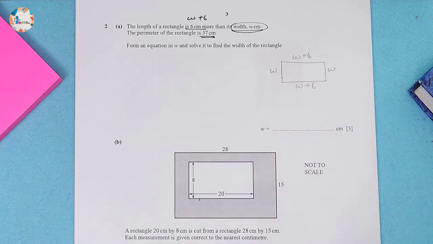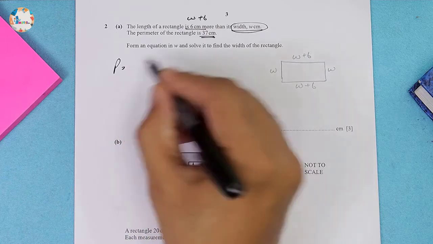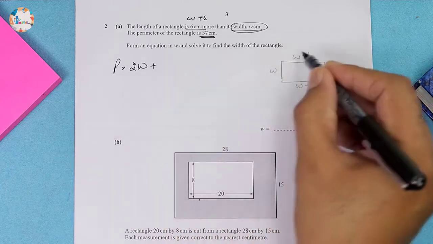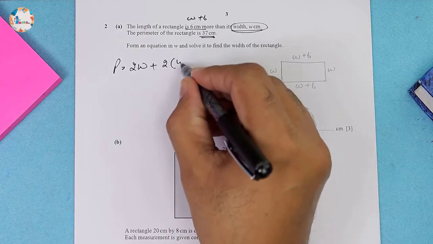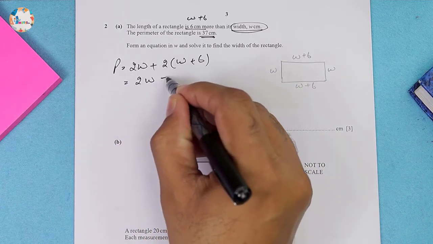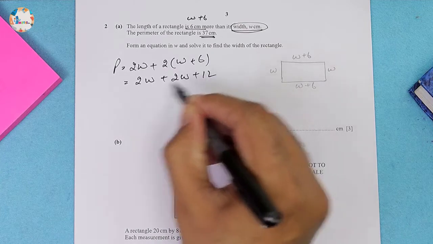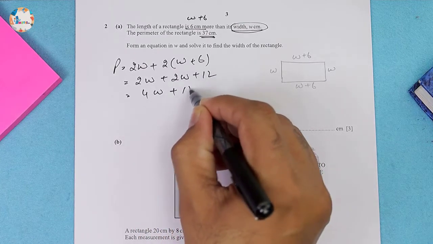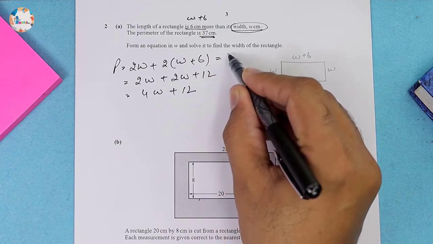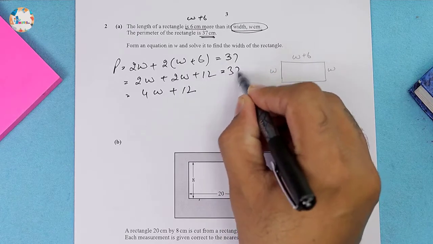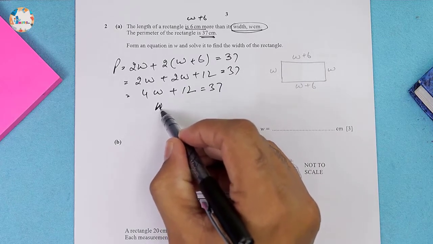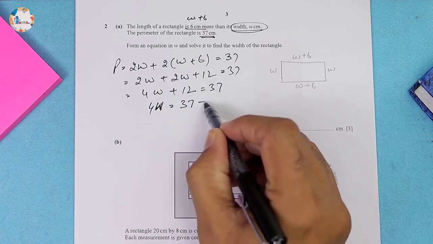Now we can write perimeter is equal to W plus W, and plus 2 into W plus 6. So these two sides we have taken, and this will be 2W plus 2W plus 12, and this will be 4W plus 12, and they have given us that this is equal to 37. So 4W will be equal to 37 minus 12.